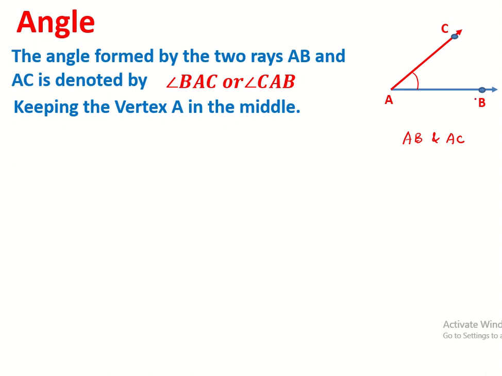We can choose any one of these two letters which are on the two arms, that means B and C, as the initial letter, then we keep the vertex letter in the middle, followed by the other letter. We can also name this angle simply by using the vertex point only. That means we can name this as angle A.